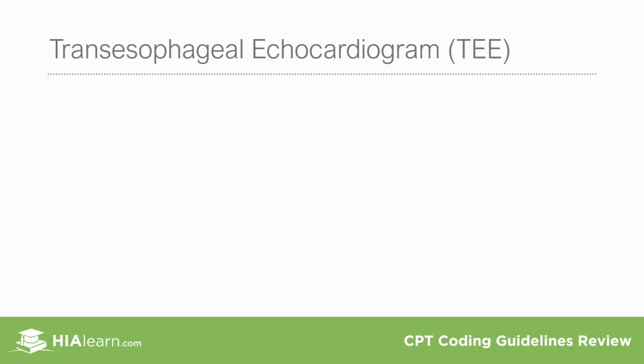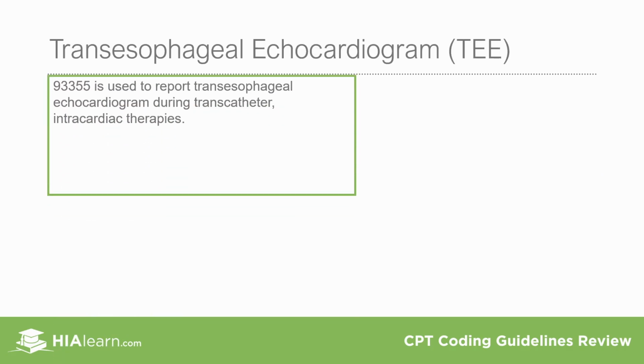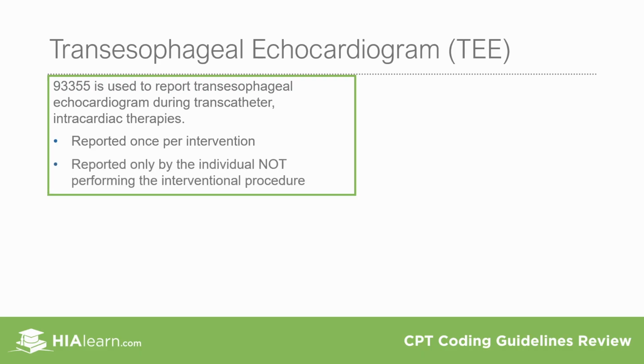Code 93355 is used to report transesophageal echocardiography services during transcatheter intracardiac therapies. Code 93355 is reported once per intervention and only by an individual who is not performing the interventional procedure.